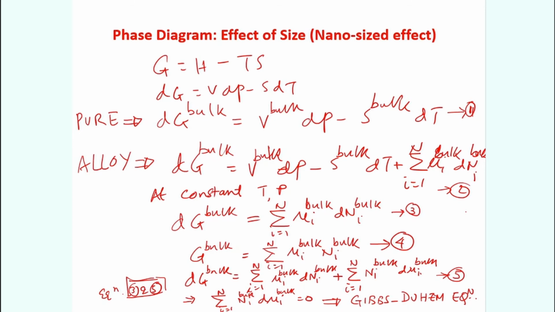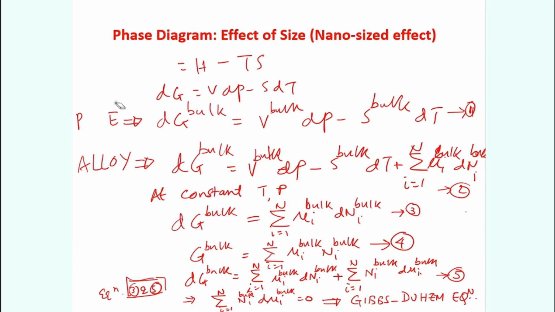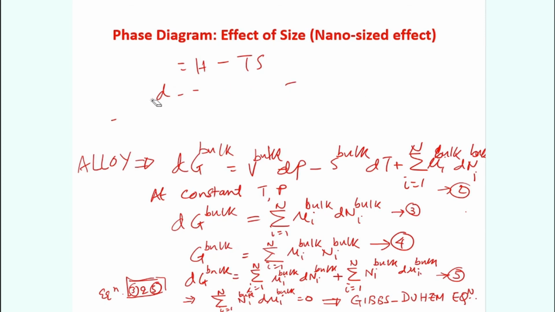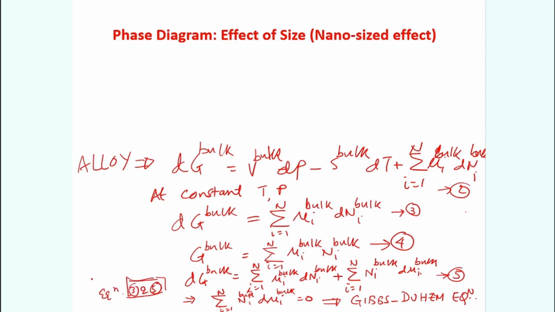Because I am doing this calculation again, I erase some part of it at the top and bring it there, because we can finish it in one slide so that you can understand. So that means this is for the bulk, everything is bulk, you see. So what will happen at the nanoscale?